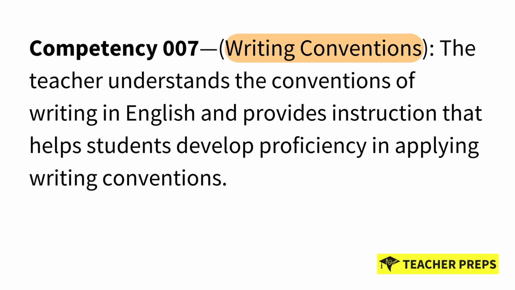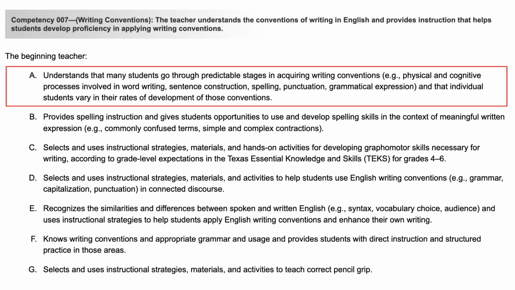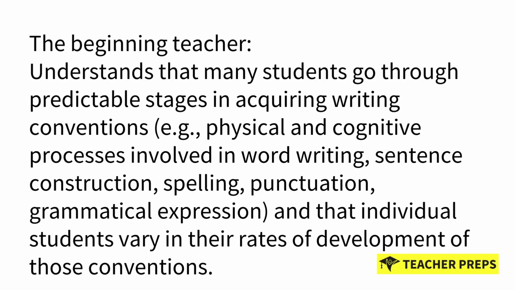Okay, great. I think we've got a good start. Let's jump into the learnings by reading statement number 1. And this reads, "The beginning teacher understands that many students go through predictable stages in acquiring writing conventions, for example, physical and cognitive processes involved in word, writing, sentence construction, spelling, pronunciation, grammatical expression, and that individual students vary in their rates of development of those conventions."